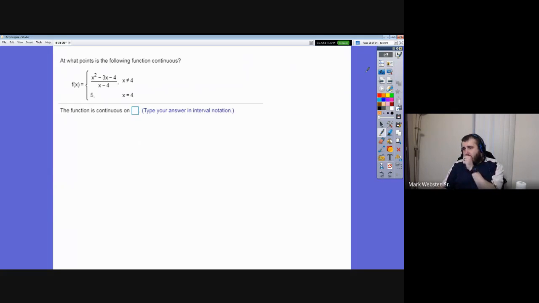So now here is what we have to do for something like this. Notice we don't have a picture. Notice we're trying to figure out what's going on here. So the first thing you should always do when you've got something like this is try and simplify it. See how the top, x squared minus 3x minus 4, you can simplify that top. So before we even start, we're going to rewrite this.